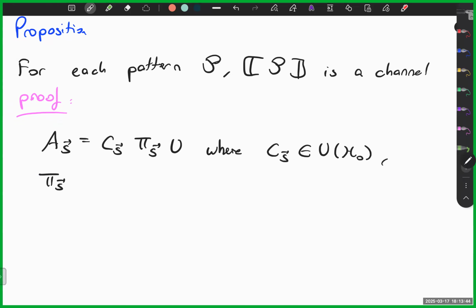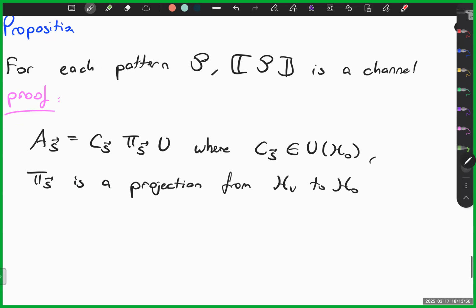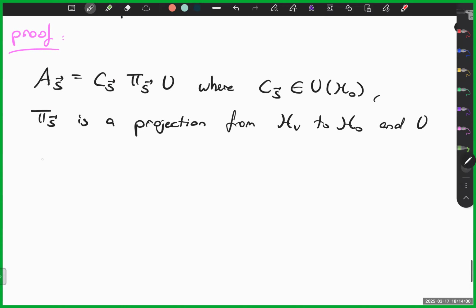Pi_s is a projection from H_V to H_O, and U is an isometry from H_I to H_V.